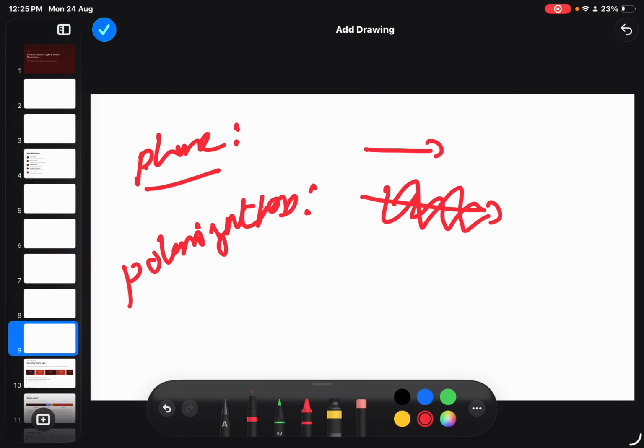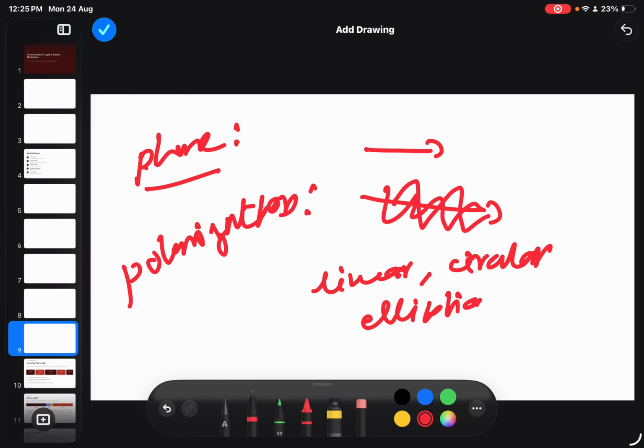This can be linear, circular, or elliptical. Polarization management is important for ensuring optimal signal quality.